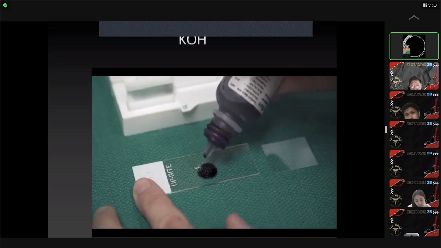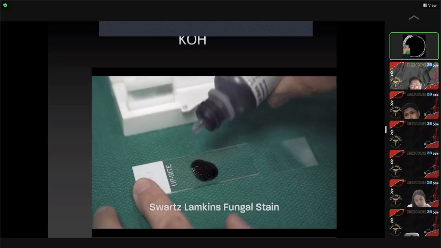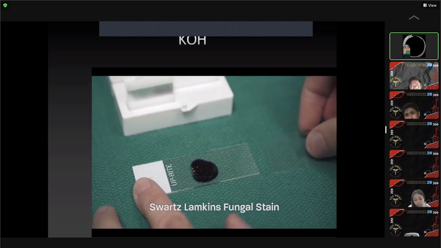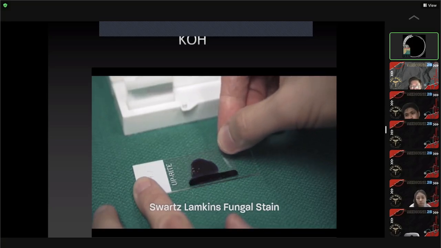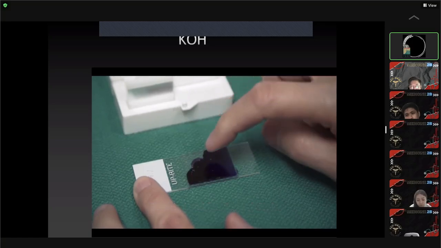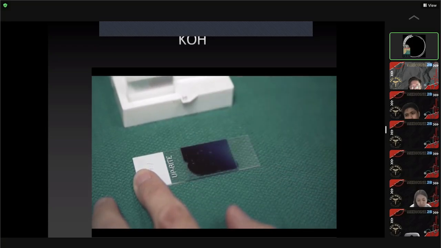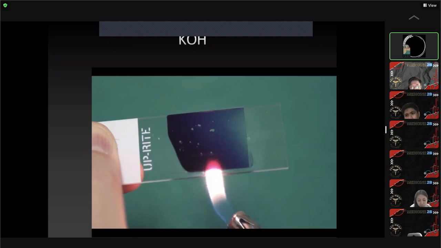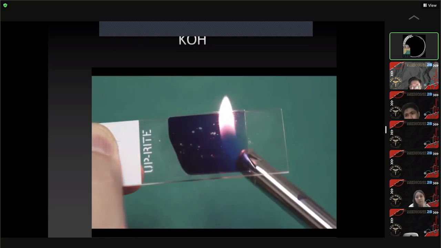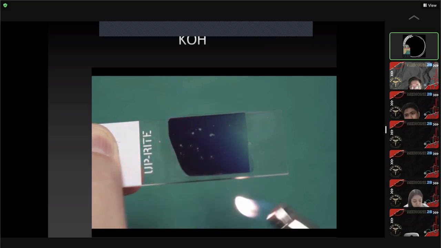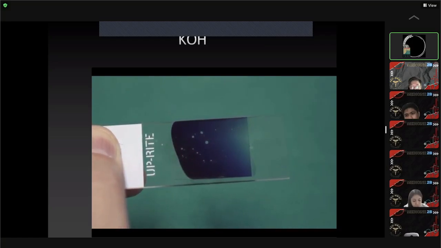Two drops of the Swartz-Lamkins stain will stain the fungal elements blue and begin to dissolve the human cells. A cover slip is placed on the slide, and the slide is heated briefly with a flame. Heating with a flame is optional, but often speeds up the process of human cell dissolution, making it faster and easier to find the fungal elements.